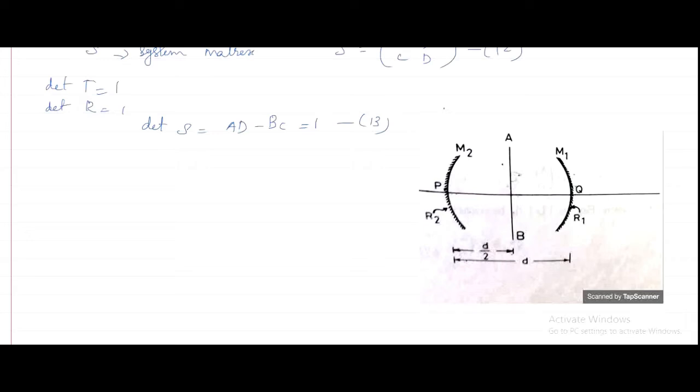If the ray remains close to the axis even after an arbitrary number of traversals, the resonator should be stable. When we impose this condition on the resonator system, we obtain the stability condition. So let S equals ABCD.